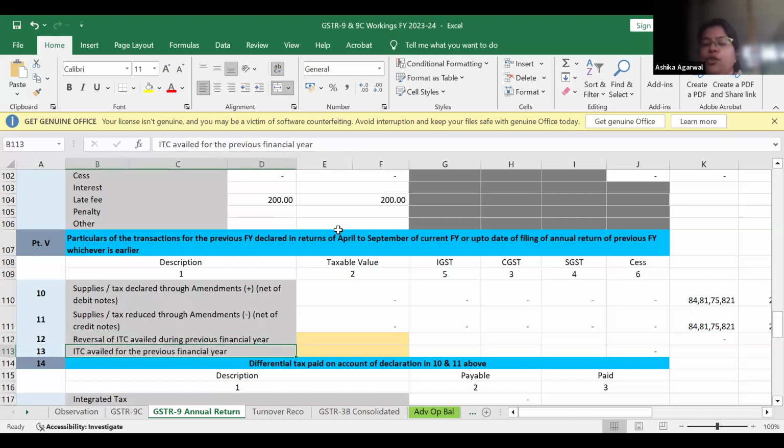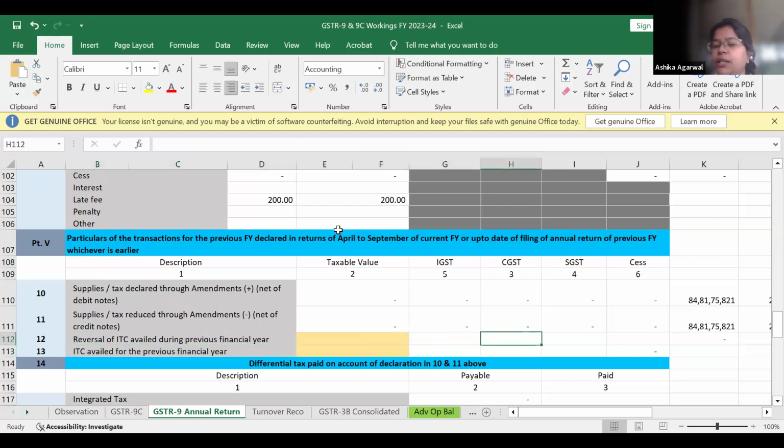If you have done any reversal relating to 23-24 in 24-25, it will come over here, and any ITC you have availed relating to 23-24 in 24-25 will come in table 13. But these scenarios will come only when a person is not reporting as per 2B, assuming all persons have started reporting based on 2B for 23-24. If they have done proper reporting, then they would have reversed the credit that needed to be reversed.